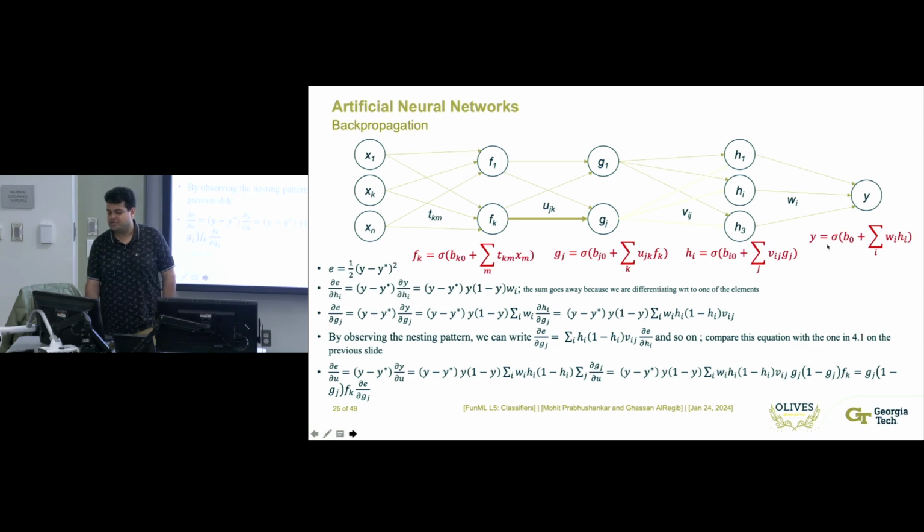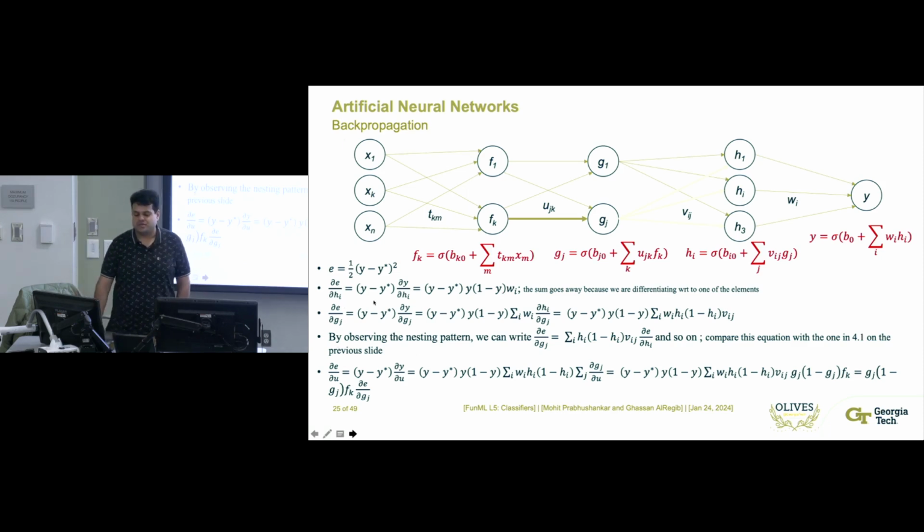So I'm going to be differentiating this entire thing. And for the summation wi hi, when you differentiate hi, all you're left with is a wi. And the other one comes in, y into 1 minus y. That comes in because you're differentiating a sigma, which is your activation function. When you differentiate sigma of x, you get sigma x into 1 minus sigma x. That is what we saw in the previous slide, right? So I'm just substituting that back over here. That's all that is happening.